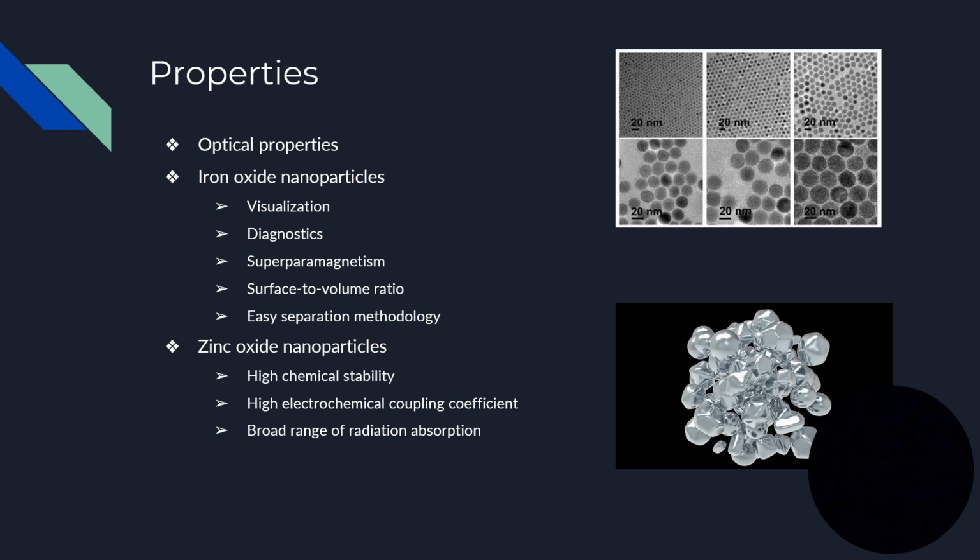The first one I found was iron oxide nanoparticles, and these have found wide applications in different fields of biomedicine. In the top right photo, you can see what the iron oxide nanoparticles actually look like on a nanoparticle scale, and it's very different from the bottom picture, which is the zinc oxide nanoparticles, which we'll get to in a little bit.